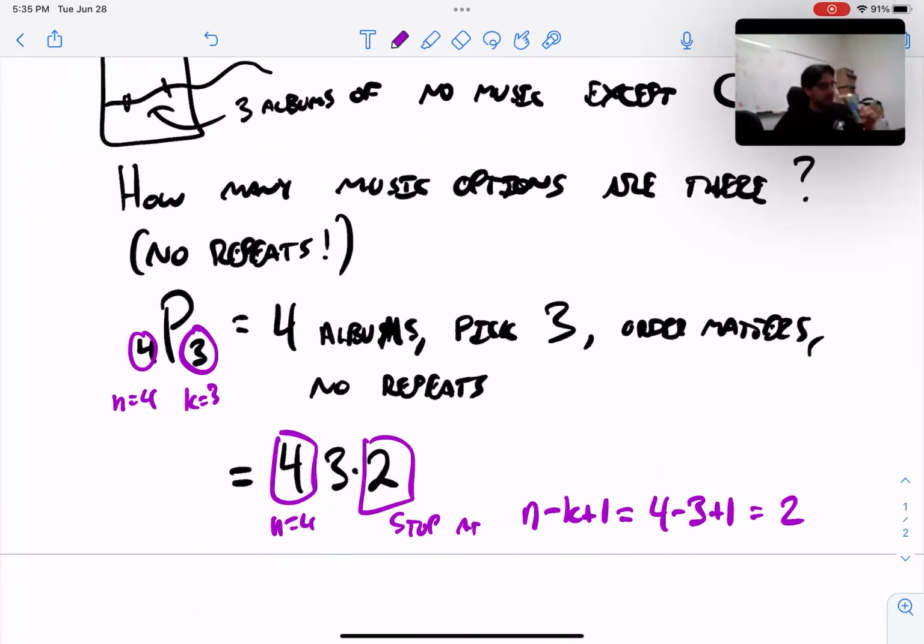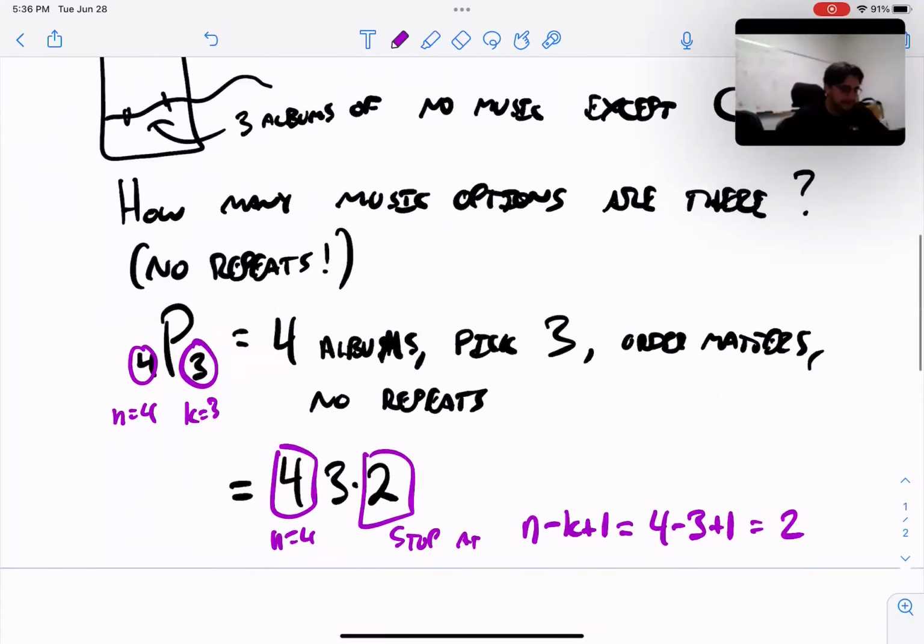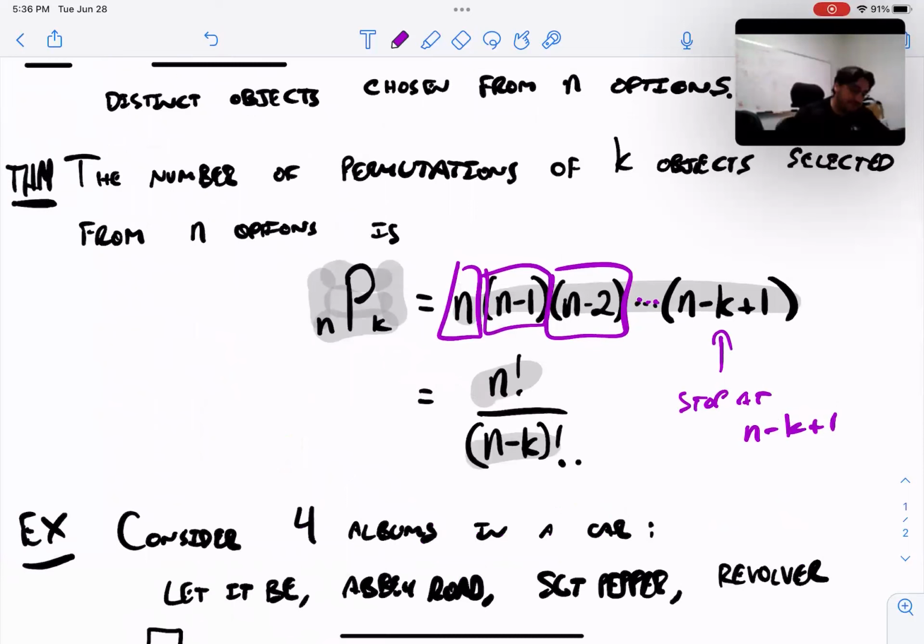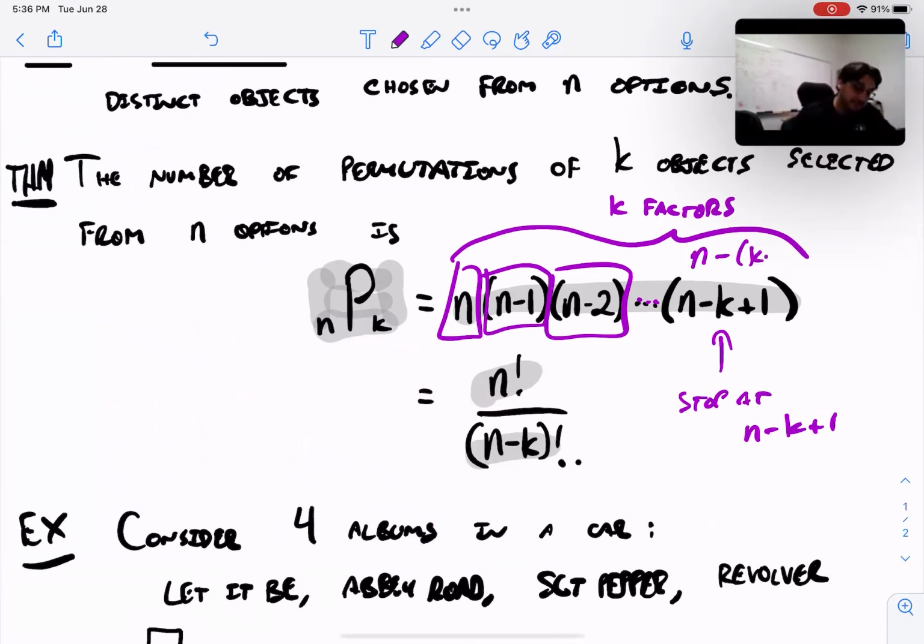Now, what is another way to think of this? Another way to think of this formula, which is maybe a little more natural, is this product will always have exactly k factors. If you just count across, you can think of this last one as n minus k minus 1.